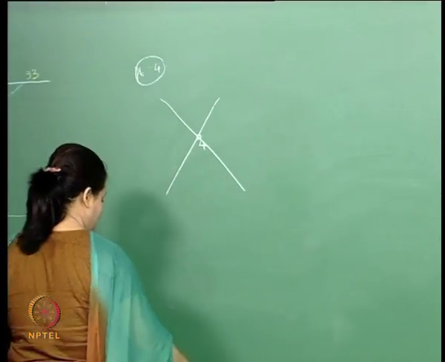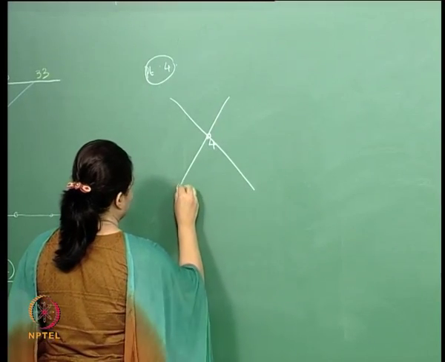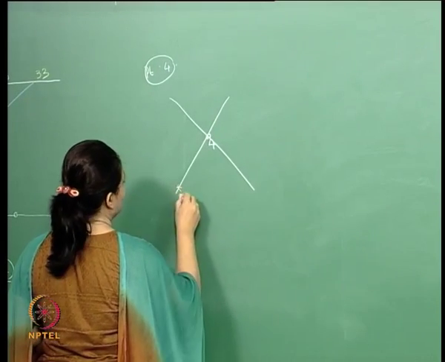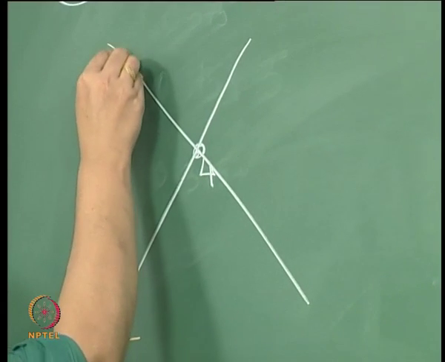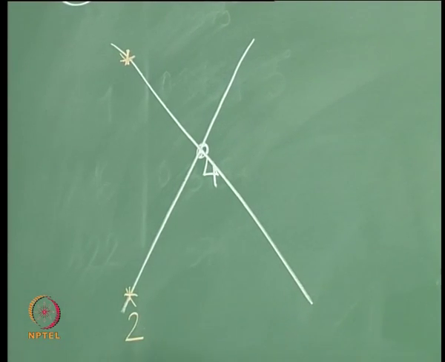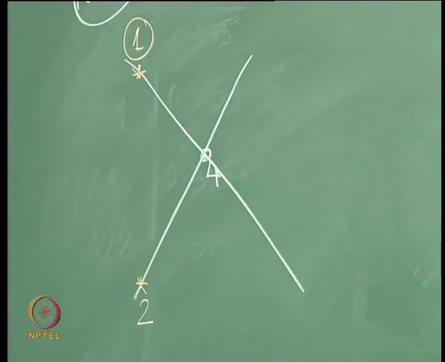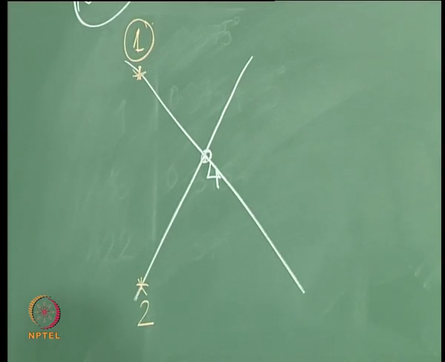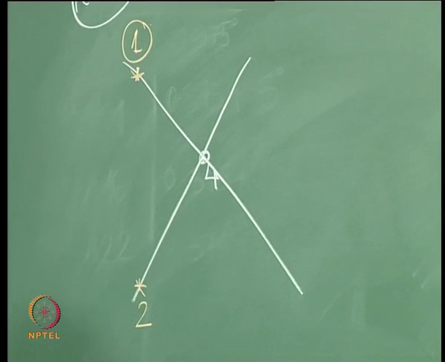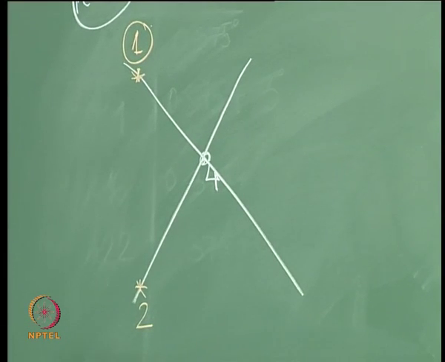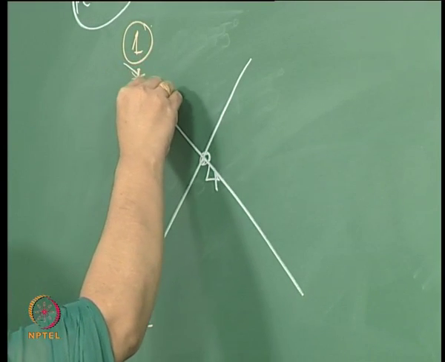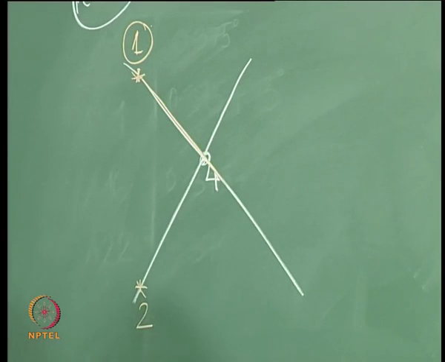Then we have point 2 over here, which passes through 2, and it passes through 1, and this goes through to 6 and C. That is fine. So here we have 4 and 1. Now this is a left running characteristic, so let us look at the left running characteristic between 4 and 1.